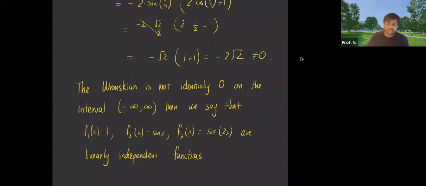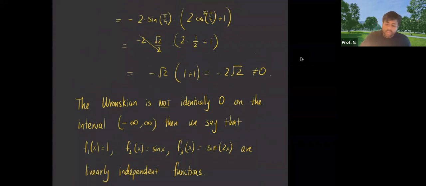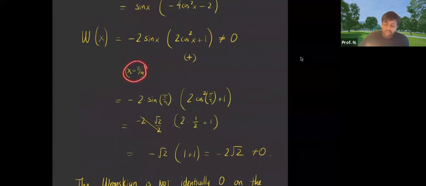Okay, so that's the idea. When there exists an x value for which the Wronskian is non-zero, at least 1 point, that makes this a non-zero determinant, and then we say they're linearly independent. If there is no x value that makes the Wronskian non-zero, which means that it's always 0 no matter what the x value is, then we would say that the functions are linearly dependent.